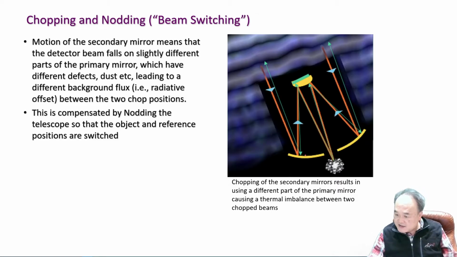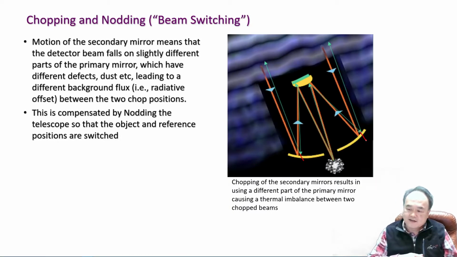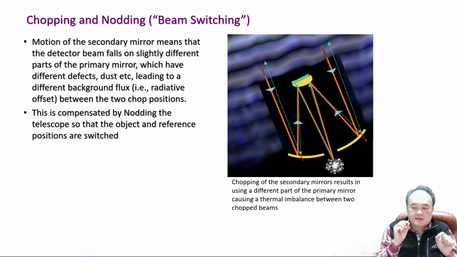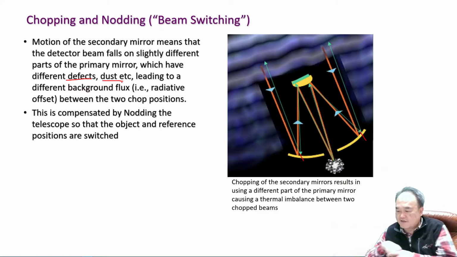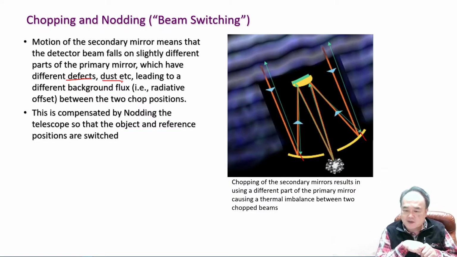So as you can see, the area that the secondary mirror is seeing when chopped is slightly shifted. So that means it sees a different amount of imperfections, such as different defects, dust rings, and different reflection, emissivities, whatnot.